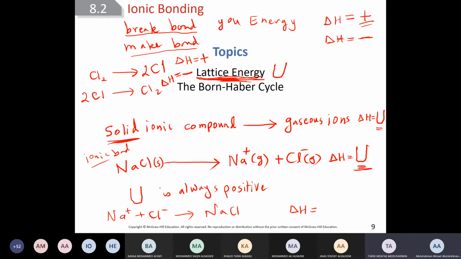It will be the negative of the lattice energy. So the lattice energy is always positive because we define it as the energy required to make a solid ionic compound go to gaseous ions. But if you make the solid from the ions, then it will be negative U. Is this clear? Good, I hope so.